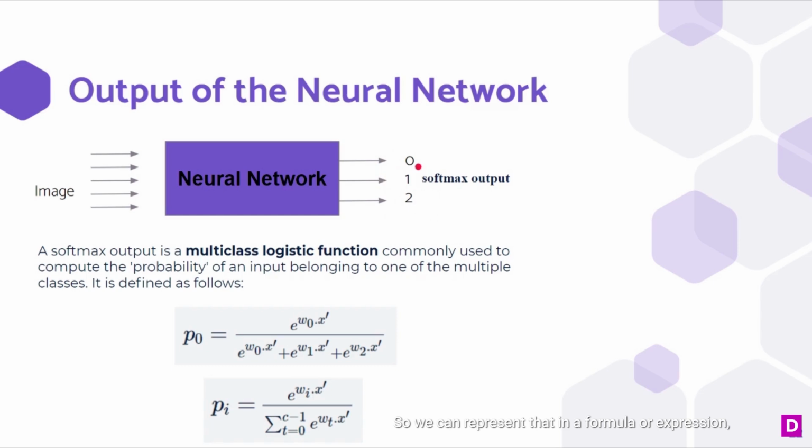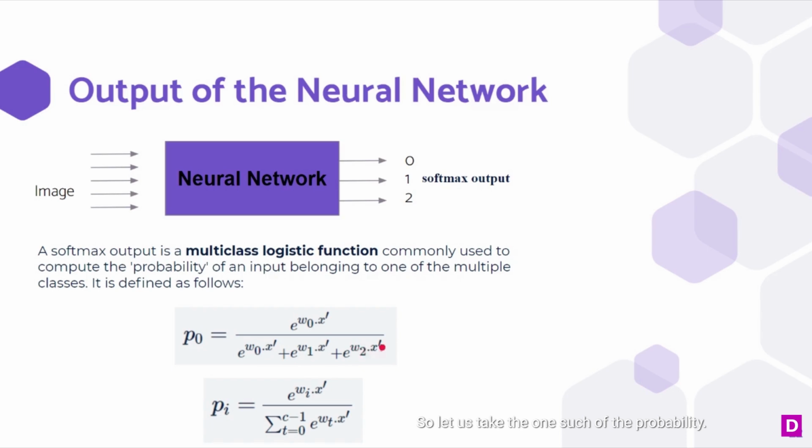We can represent that in a formula or expression which sits on top of the output value. So a function which we have defined as a softmax output would generally look in this format. As I mentioned, it would be a probability function. Since we have considered only three classes, the probabilities would be p0, p1 and p2.